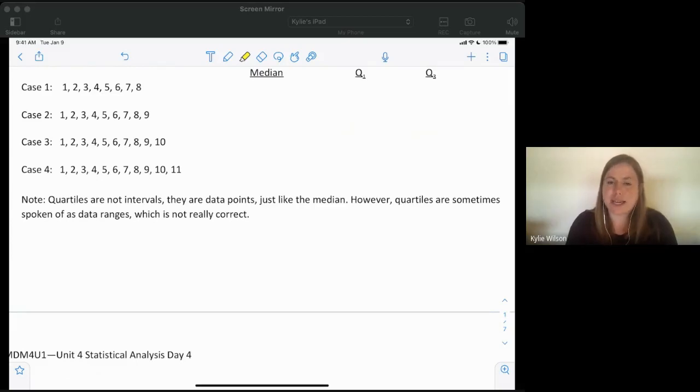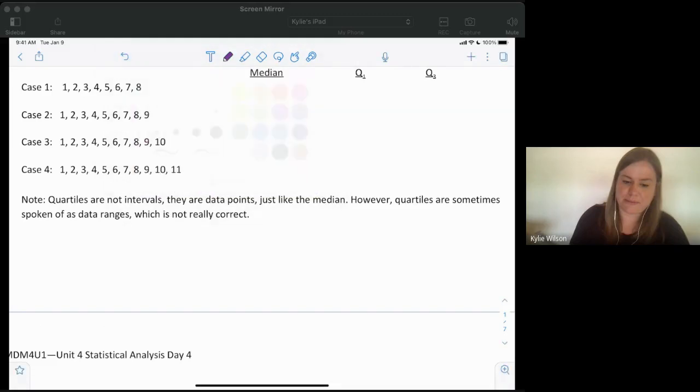No matter what case you're looking at, all the steps are exactly the same. It's just a way for you to break down the different kinds of questions you could get. But you certainly don't need to remember which case is which. I'd never ask you a question like that. But I certainly could ask you to find your median and your first and third quartiles. So let's go through our steps.